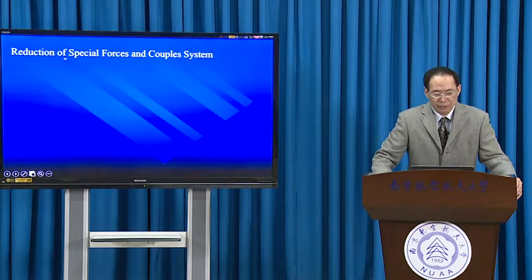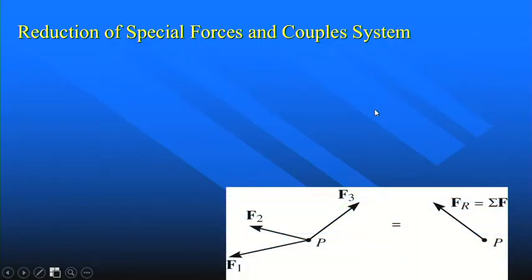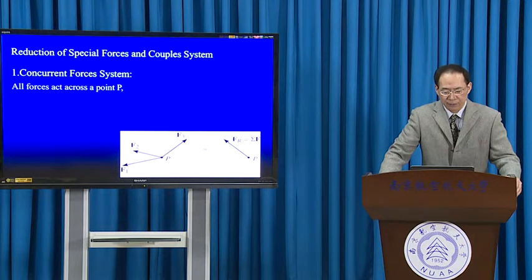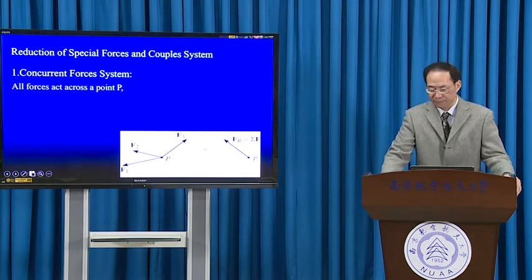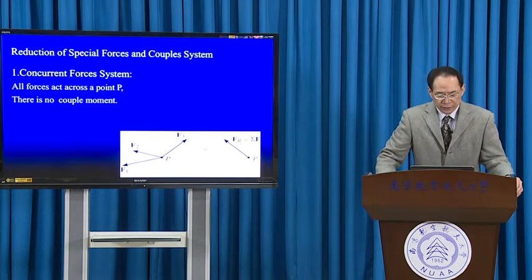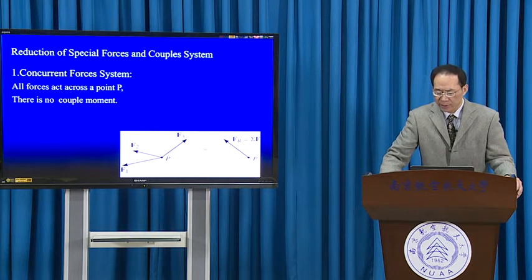Reduction of special forces and couple systems. The first special case is the concurrent force system. That means all the forces act across the same point P. This can be either a three-dimensional case or a two-dimensional case. There is no couple moment originally.